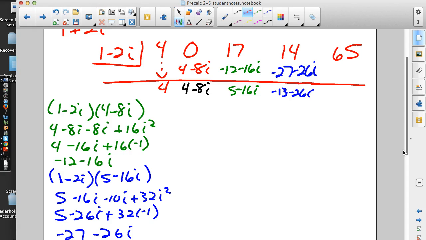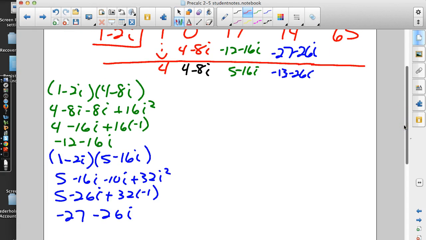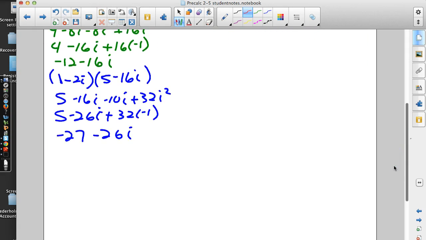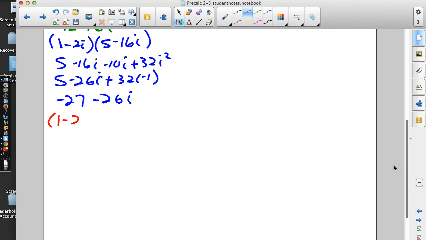And back to the drawing board, because we need to know what's 1 minus 2i times that little monster. Negative 13 minus 26i. So, first times first, outside times outside, inside times inside, last times last.